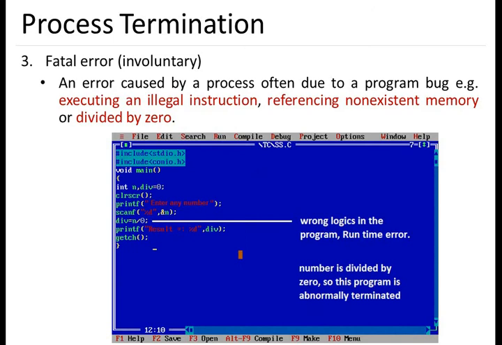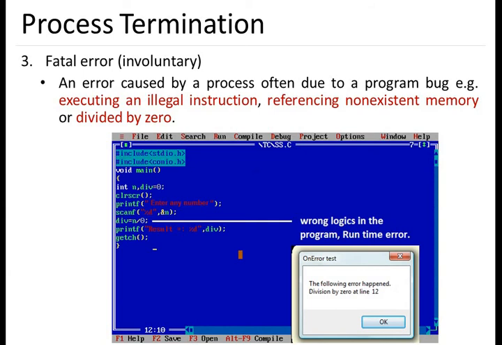For example, in this program you can see division equals n modulo 0, n divided by 0. So this program is maybe syntactically right, but there is a logical error, which is division by 0. So this program also terminated abnormally, and this comes under fatal error. So over here also the program terminates, you can see.